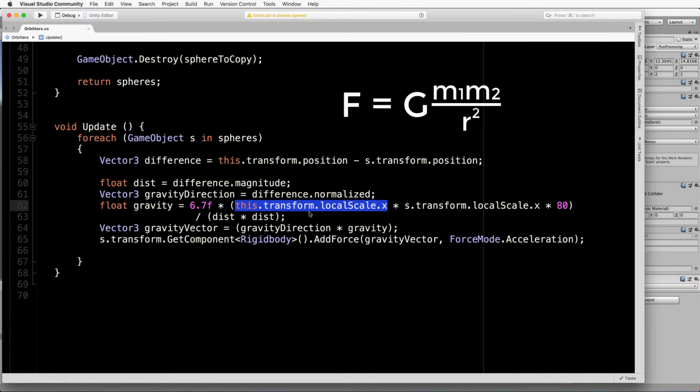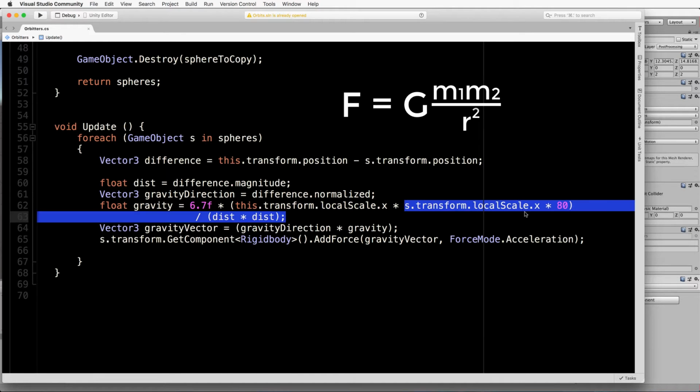Now, in order to work out what the masses in this case are, because we didn't actually set a mass in the rigid body, which you can do in Unity, but we haven't done that, I'm just saying that the mass is going to be directly related to whatever random scale the planet ended up getting. So in that case, we're going to use the local scale of the sun, which is this. Now, X, Y, and Z are all exactly the same, so it doesn't matter which one you pluck out, multiplied by the sphere's local scale as well.